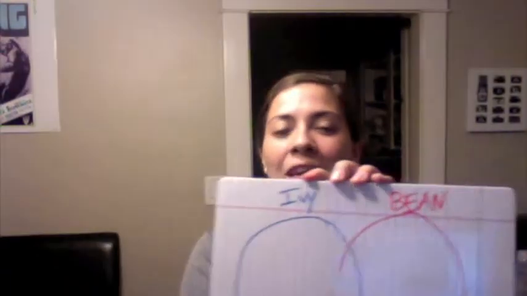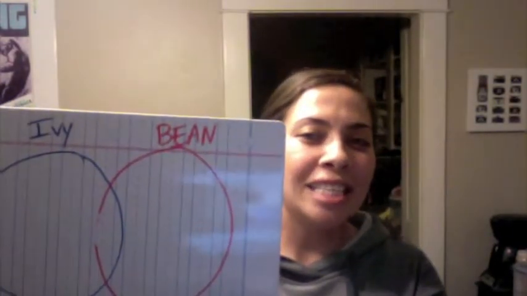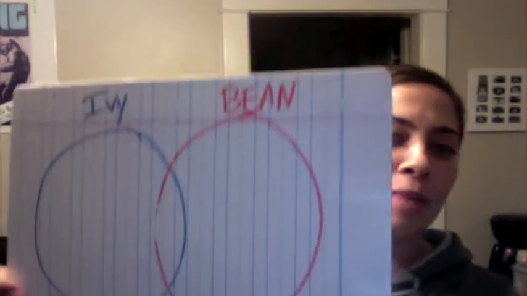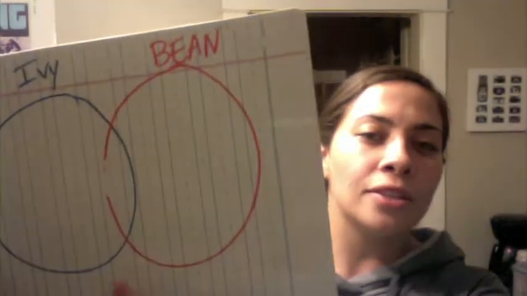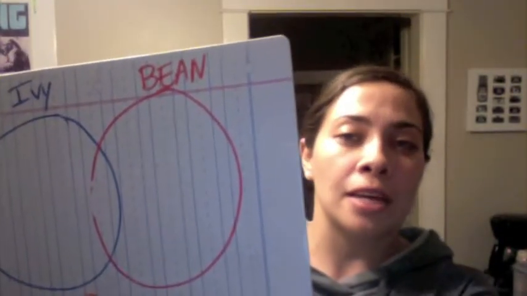Ivy and Bean. So I drew on our whiteboard our Ivy and Bean Venn diagram. So in this Venn diagram, you will see there are two circles. The red circle is for Bean and the blue circle is for Ivy.